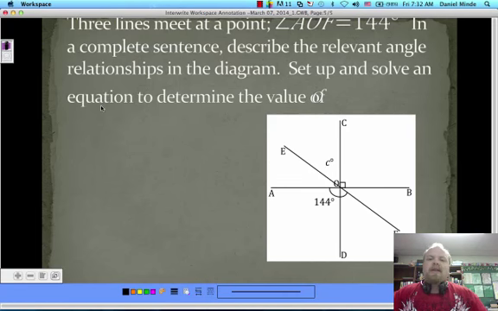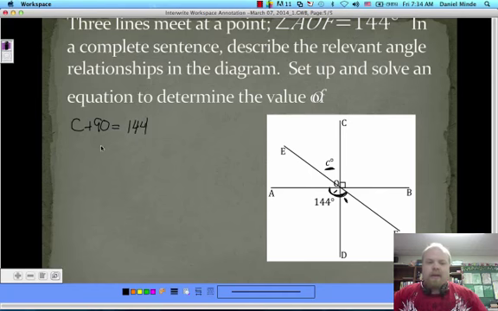Why do I know that? Because it's vertical here. So I can say that angle C plus 90. Why 90? Because this angle here is 90. I know that by this 90 degree symbol right here. So both those angles together, this angle here and this angle here, equal this whole angle, which we already said was 144 degrees.